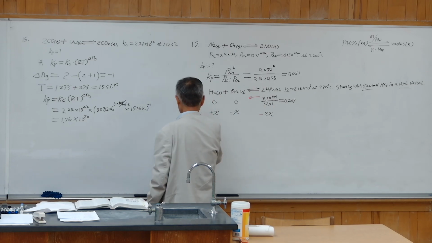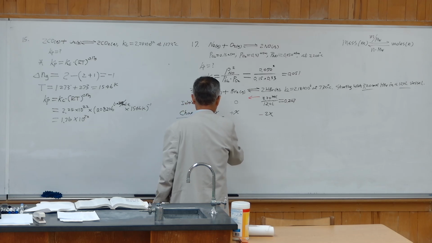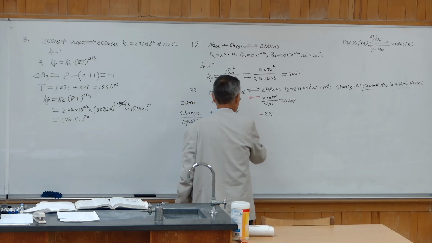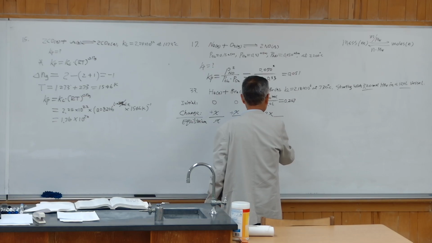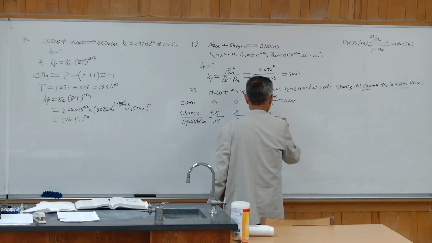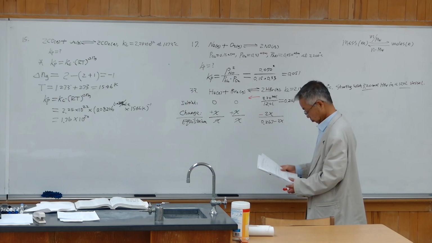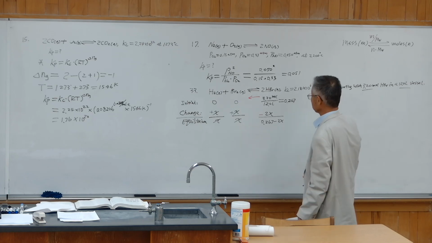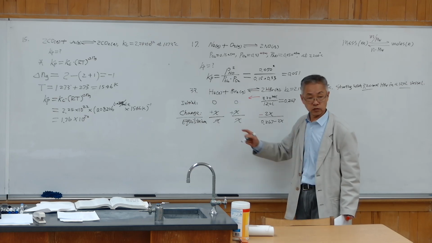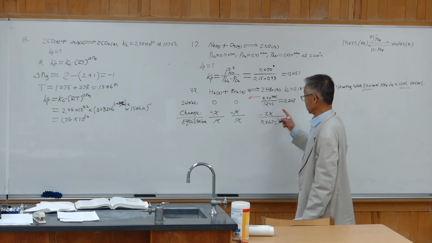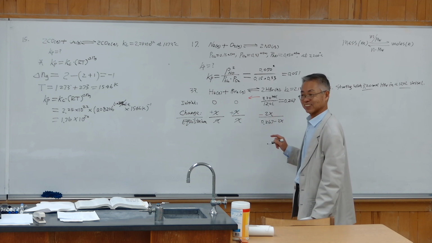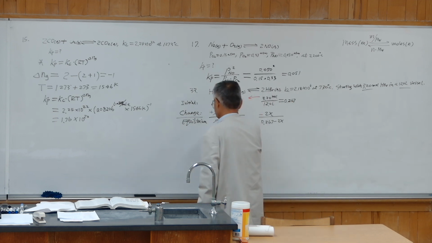Then when we reach equilibrium, this will be x, this will be x, and this will be 0.267 minus 2x. And we have the concentration for each, because this is concentration, so this x is also a concentration. And then we just write the formula for Kc.